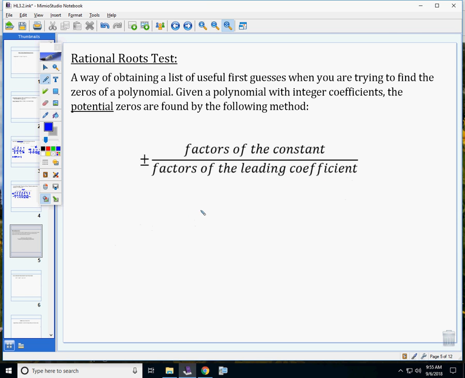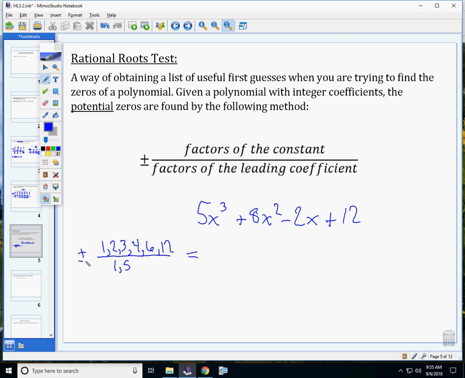So for example, if we had something like 5x^3 + 8x^2 - 2x + 12, we would write the factors of the constant, which is this one over here, 12. So that's 1, 2, 3, 4, 6, and 12. We divide that by the factors of the leading coefficient, which is 5: 1 and 5. And then we would write all possible fractions with this problem.